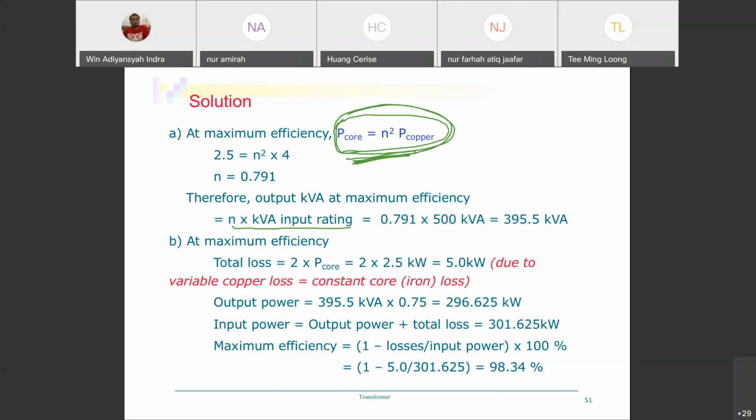That means if you combine those two, you will have two P core here, right? So core just now is 2.5, so you have 5. Okay, this one is given.